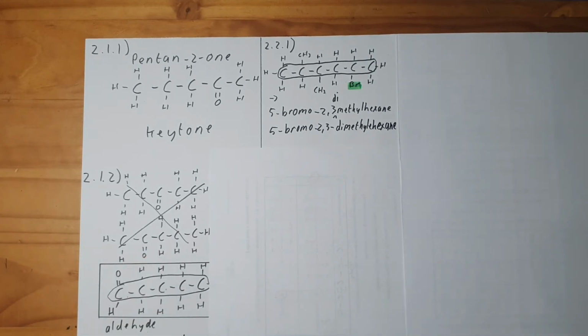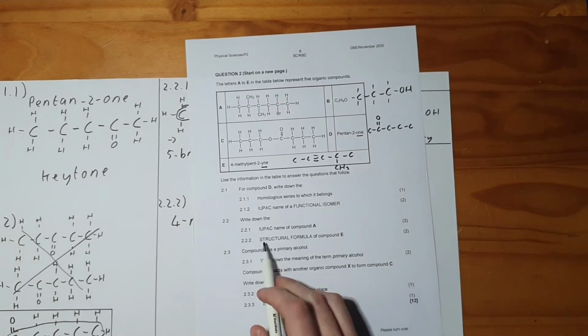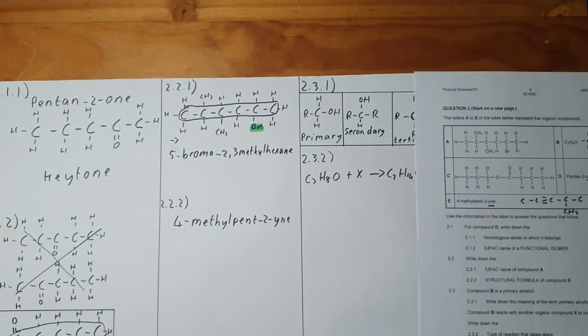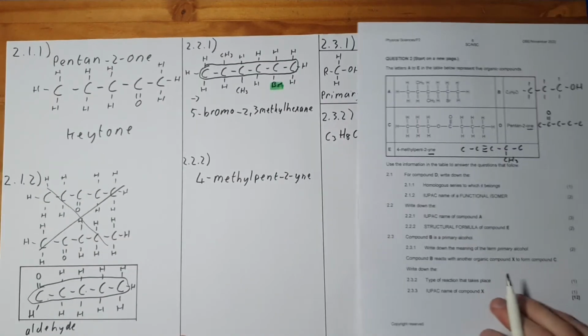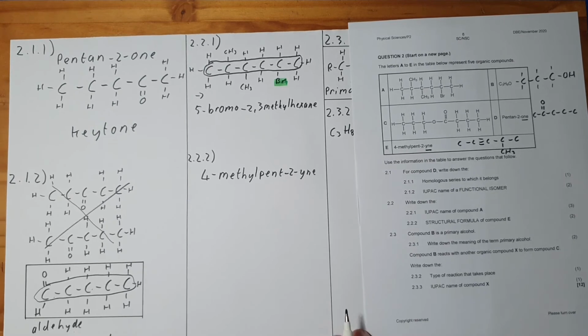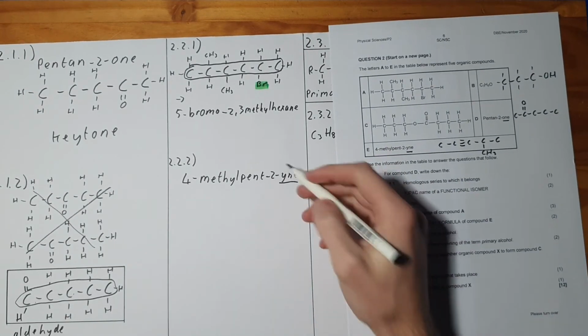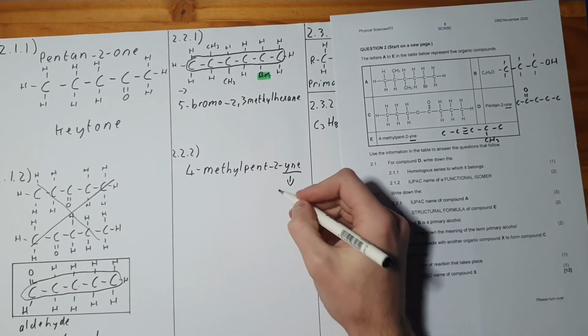Okay, back to the video. Now for 2.2.2, it asks us the structural formula for compound E. The minute you see structural formula, you should think of drawing. So let's have a look here. The ane at the end there indicates it's a triple bond.